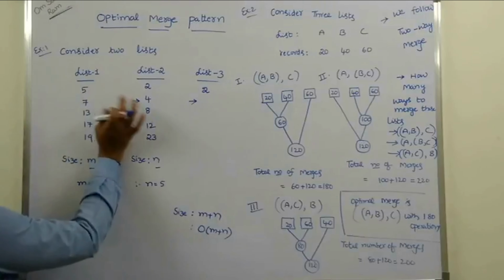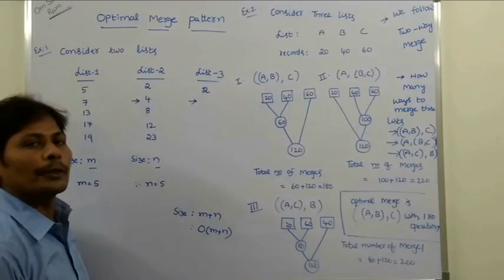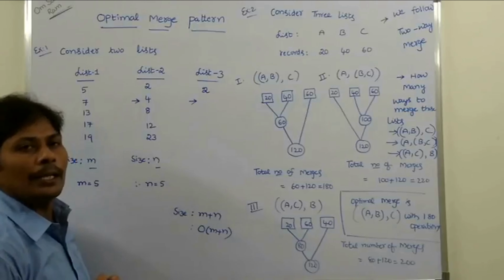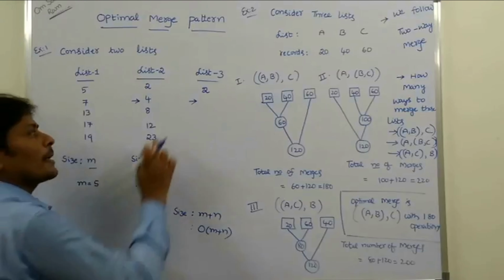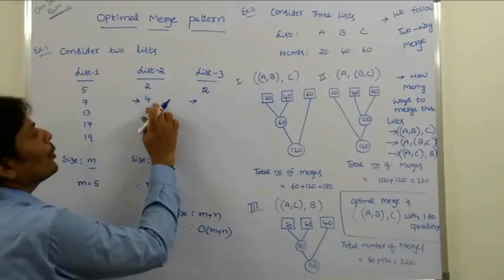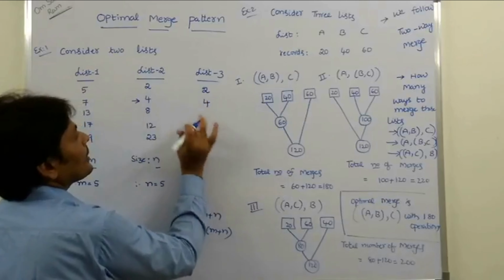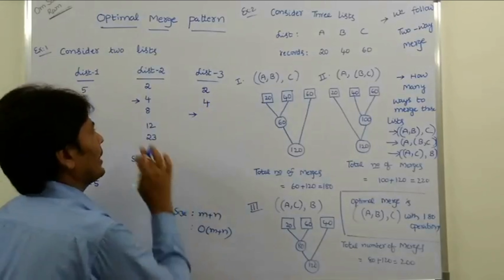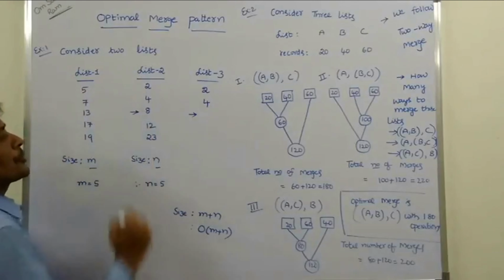Again, 5 is compared with 4. Among 5 and 4, 4 is the lesser value, so the element 4 is moved to list 3 and the pointer is incremented in list 2.